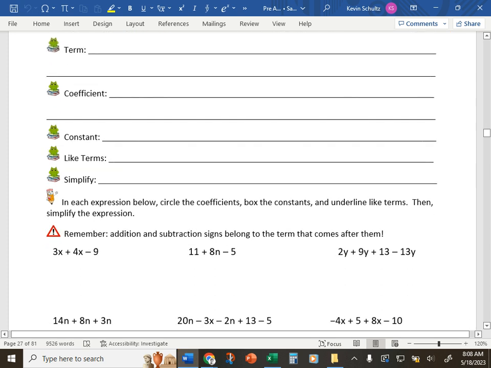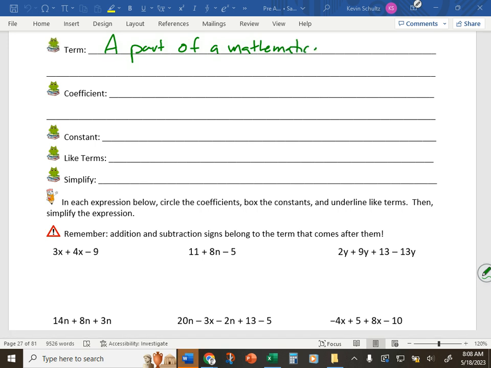A term is a part of a mathematical expression. And here's the thing that's important.